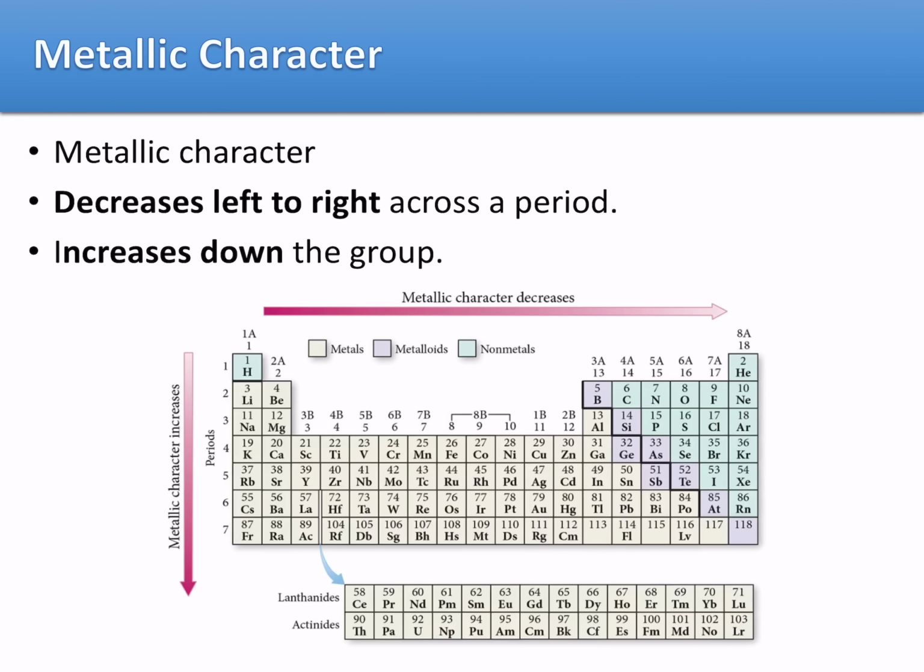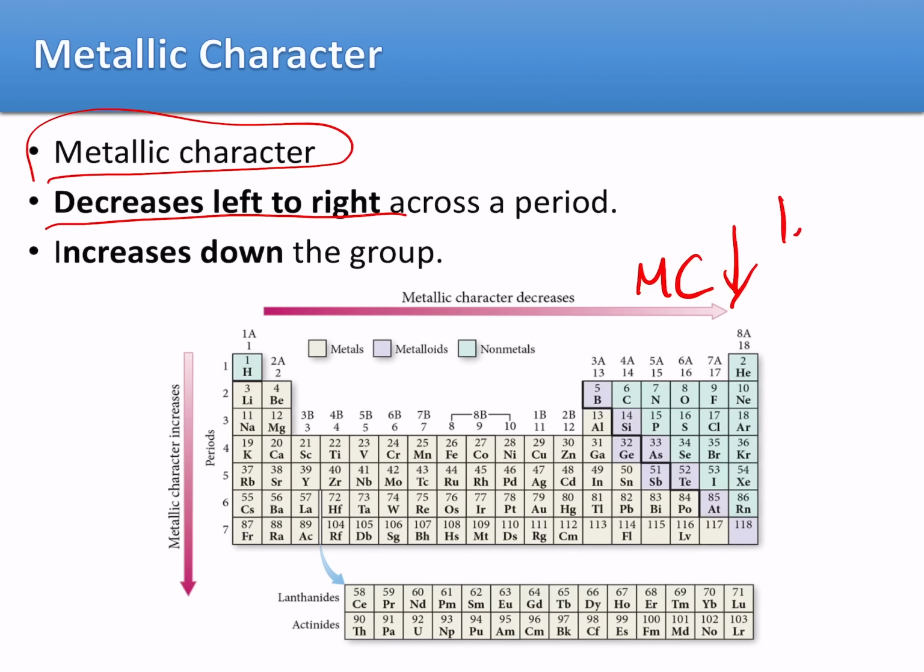Okay. So now, if we take a look at the periodic table, this is about how that character changes with the periodic table. So it's the metallic character, and we are trying to locate the best metal. Now, what you see here is that it decreases. Let's call MC metallic character. If you go left to right, it decreases. So, in other words, if you go left to right, you are going farther and farther away from the ideal metal.